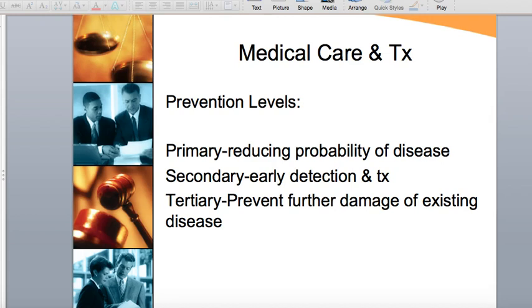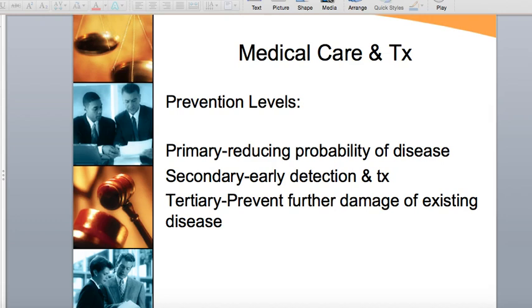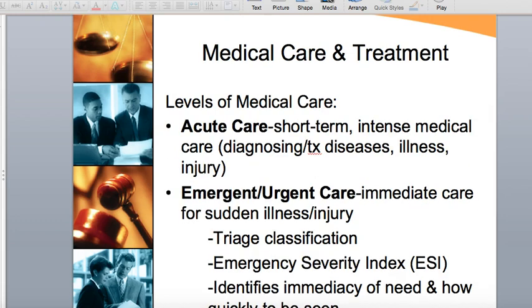And tertiary level is preventing further damage of an existing disease. When we're talking about the levels of medical care, each of these areas that I'm going to further discuss will be offering intervention and prevention within these three prevention levels.